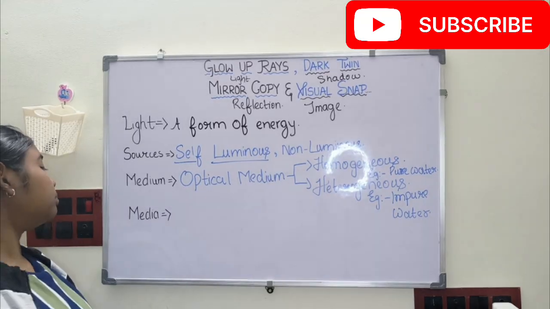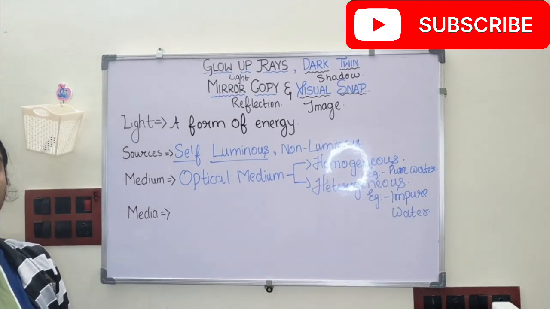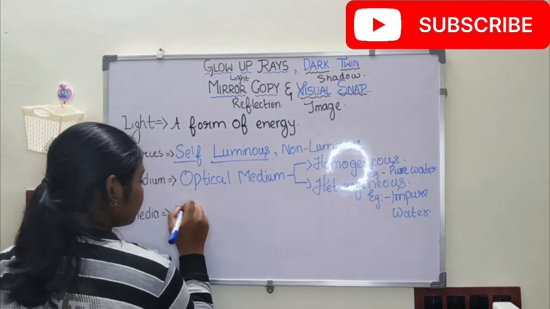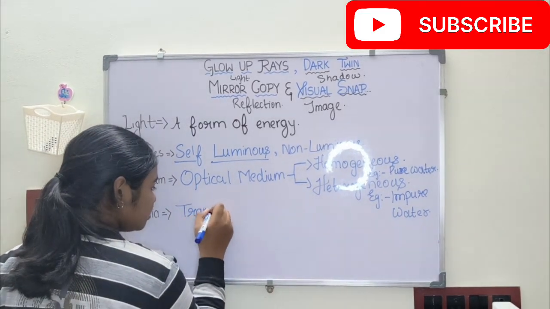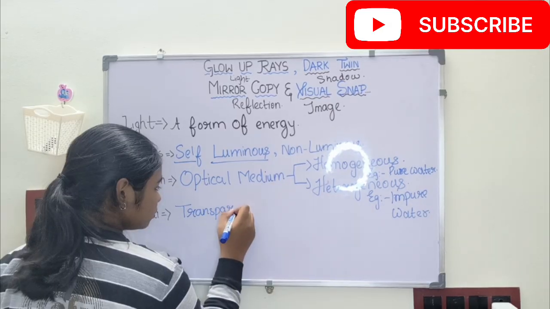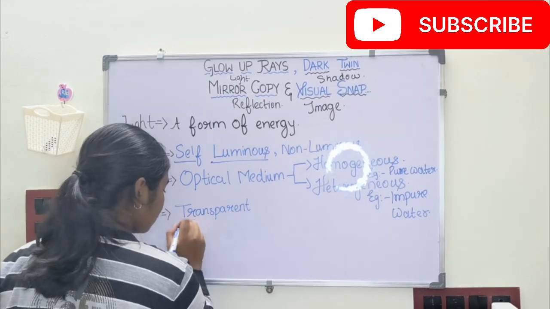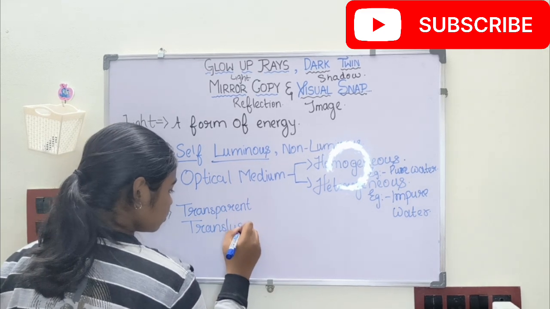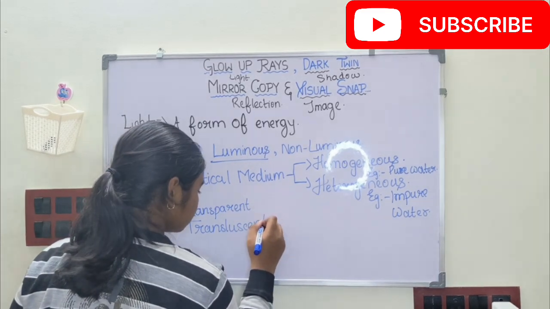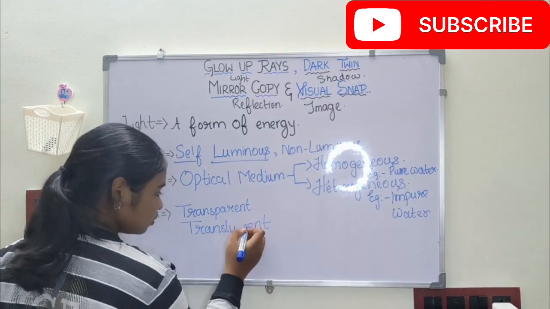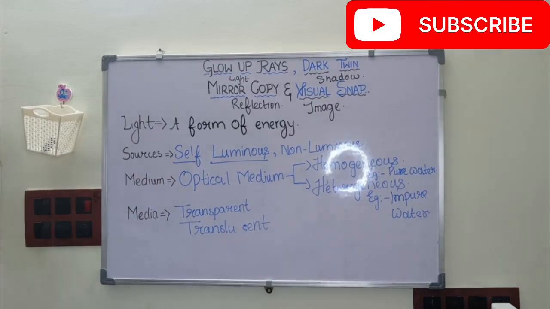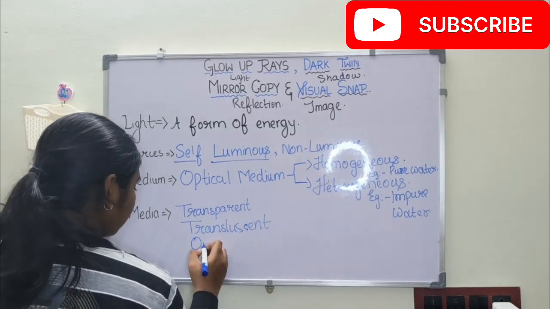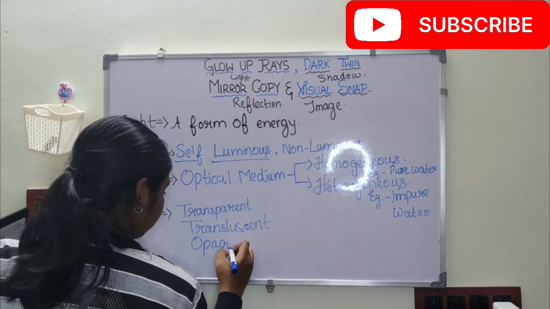So now we are going to move to the mediums of light. You already know the mediums of light. There are three: transparent, translucent, and opaque.